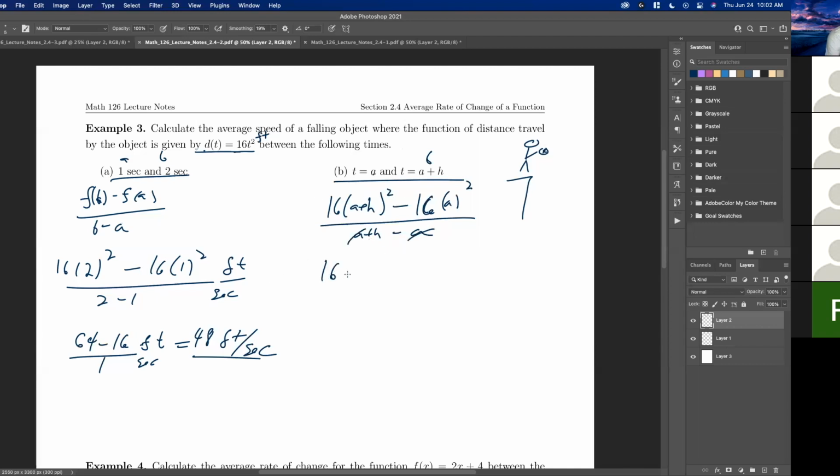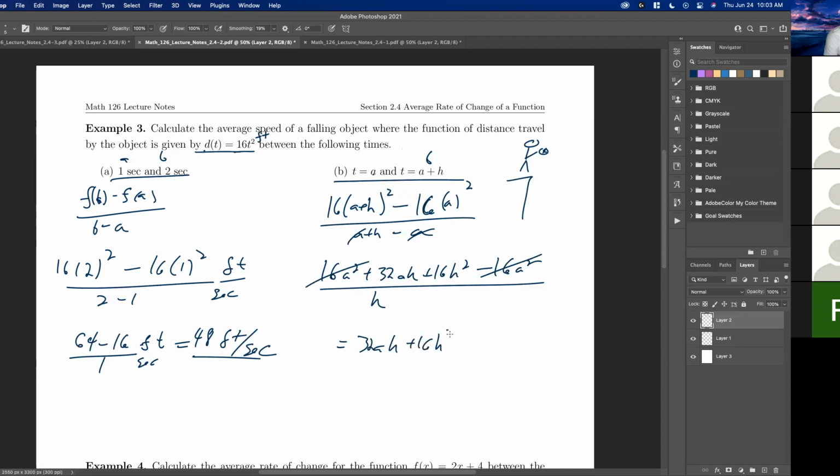Here, we'll go ahead and FOIL this. So it'll be 16 times A squared plus 2AH plus H squared, because A plus H squared is A squared plus 2AH plus H squared, and then we multiply that by 16, minus 16A squared, all over H. Here we can cancel out the A squared, and that leaves us with 32AH, oops, I forgot my 2, didn't I?